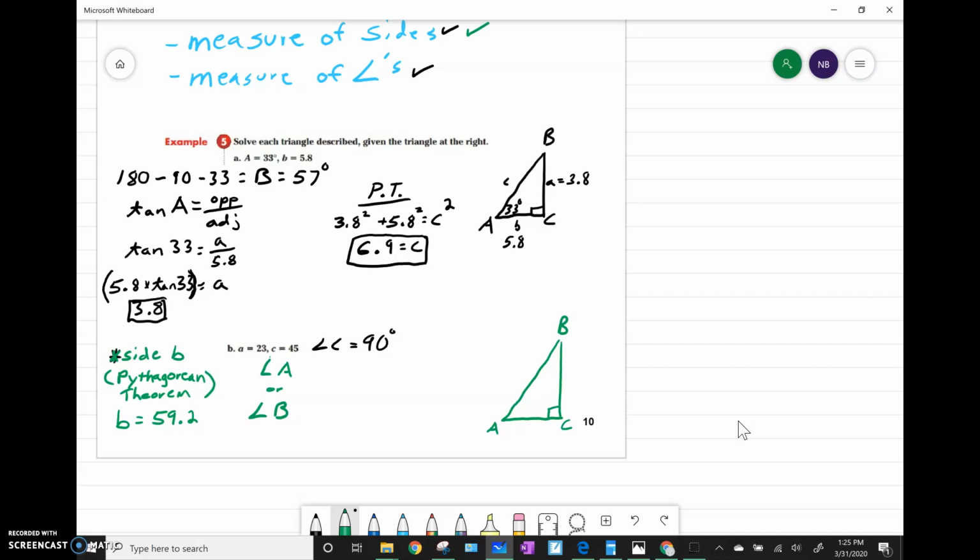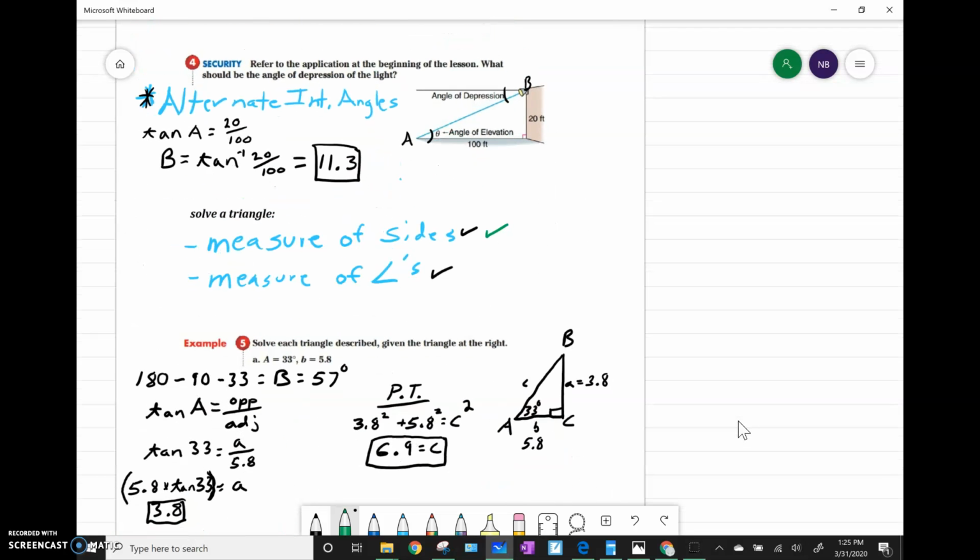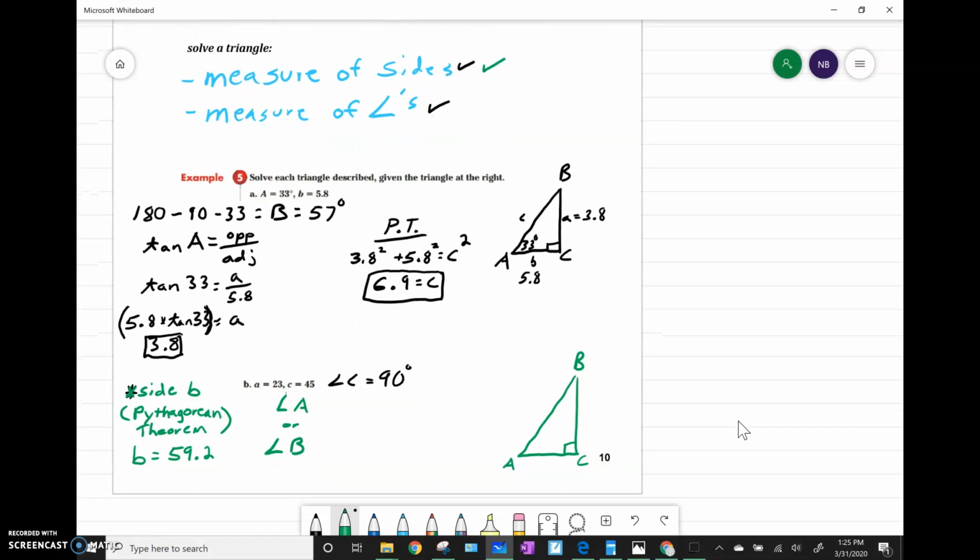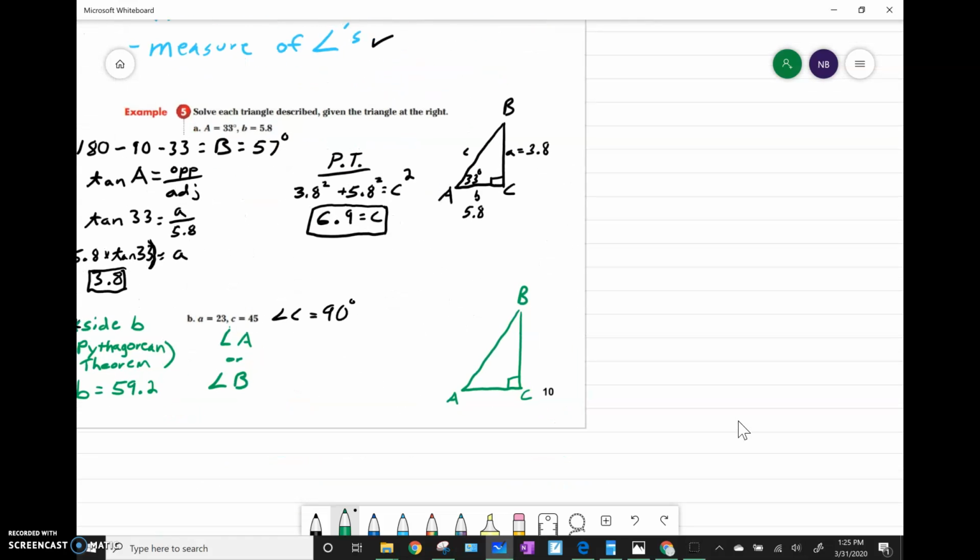So the way we're going to do that is, if you look up here, we're going to do what we did with our example 4 from the security question. Okay, so let's set it up and we're going to look for A. So what I'm going to do is say the sine of A equals A over C. And of course, there's other ways you can go about this.